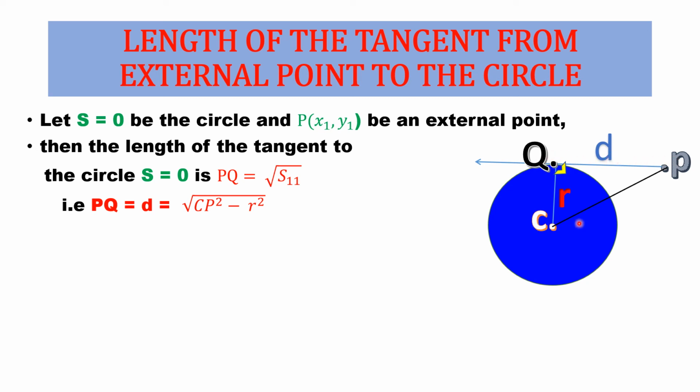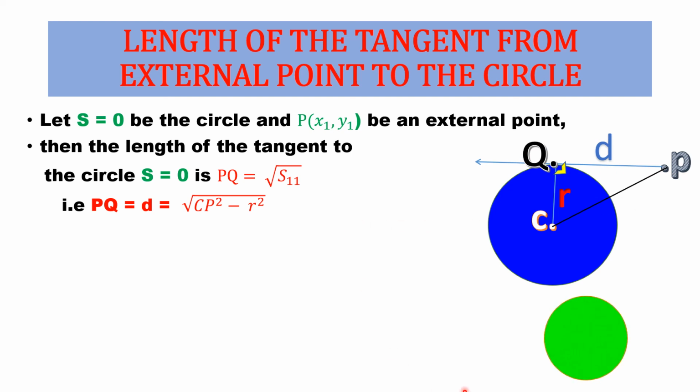Now using Pythagoras formula, PQ equals D equals square root of CP square minus R square. So clearly here observe that the length of the tangent is denoted by square root S11. Now this is also equal to square root of CP square minus R square, which is coming from this triangle. So here CQ is one of the sides and PQ is one of the sides, CP is the hypotenuse.